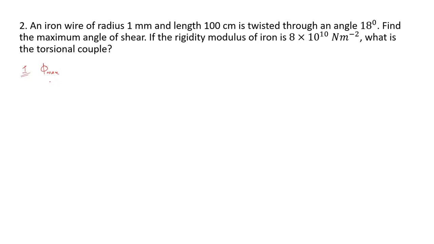So we know that phi is maximum, that is angle of shear is maximum at the surface. So we are asked to find phi max. So we have the equation for phi, that is x theta by L. When it is phi maximum, we know that x is r. So in the case of phi maximum, it is r theta by L. So let's substitute.